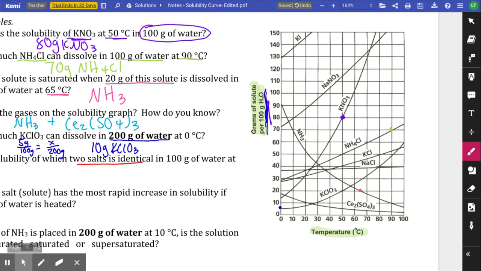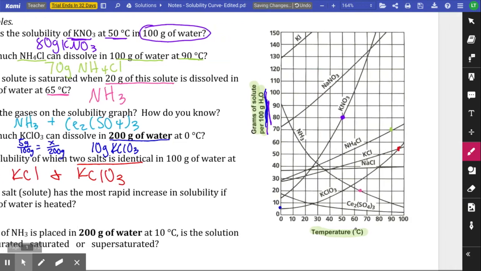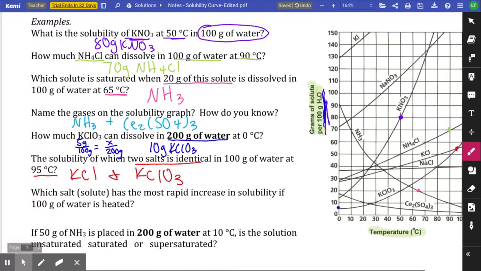So I would come to 95 and look along my graph until I find a point where two intersect. It looks like it is KCl and KClO3 that are intersecting there.